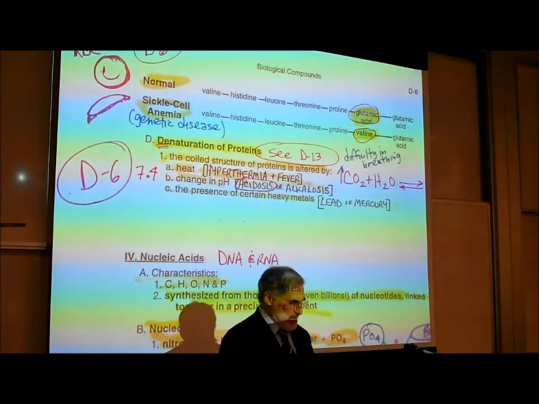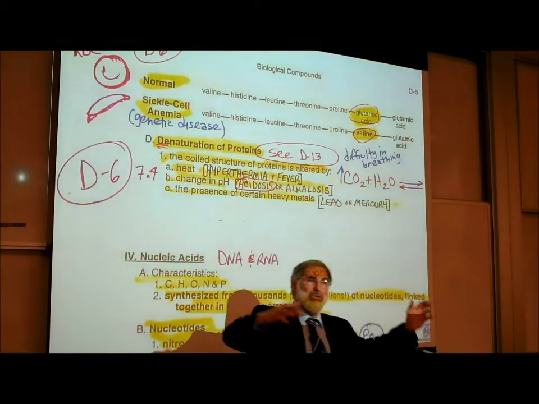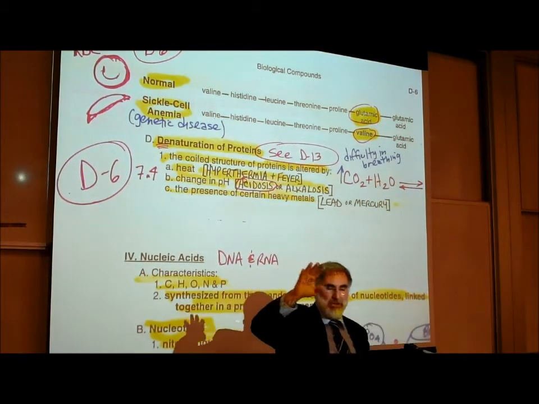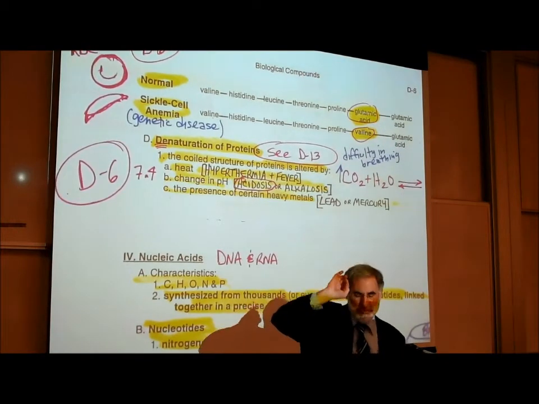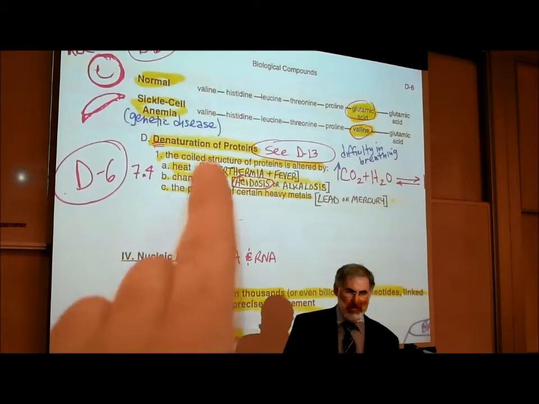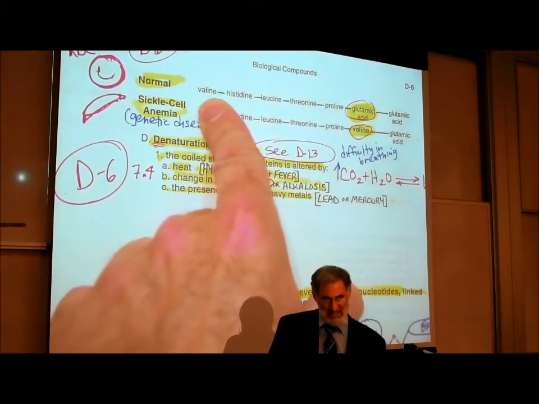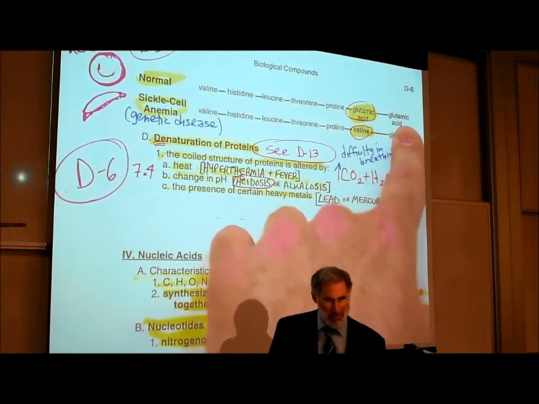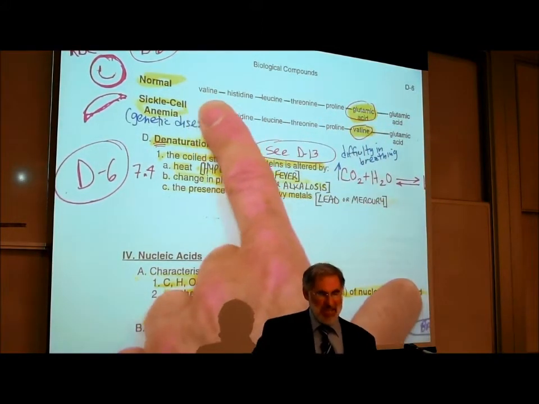And we said each hemoglobin molecule is about 600 amino acids, and those amino acids are arranged in a specific, precise order or sequence. This shows part of that sequence of the 600 amino acids. You certainly don't have to remember it. But this is the sequence of amino acids.